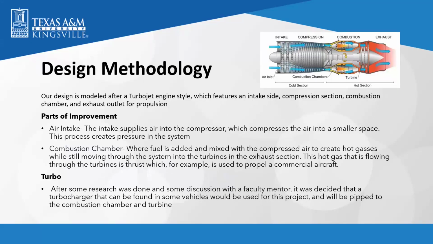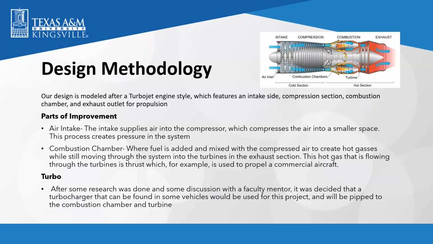As far as the design methodology, we decided to go with a turbojet engine style. As you can see here, it would have an air inlet or intake, compression, a combustion chamber, and then your exhaust, which would create your thrust. Areas of improvement for us would be the air intake, making sure we had enough intake to supply air to compress within the compressor into a small space, which would then create pressure for the system.